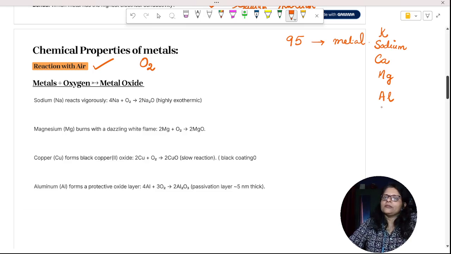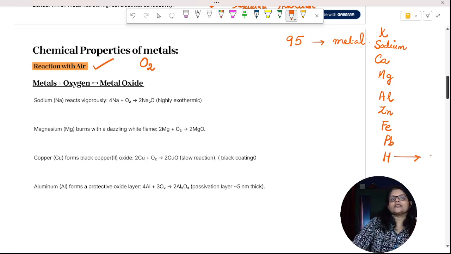There will be zinc, iron, Fe, and then what else? Lead, hydrogen. Hydrogen can be considered a metal and also a non-metal, because hydrogen has only one electron.